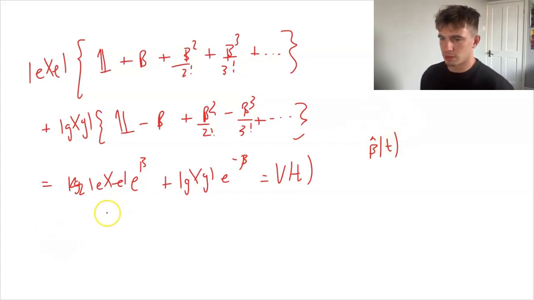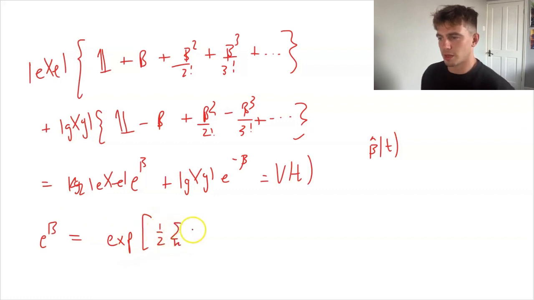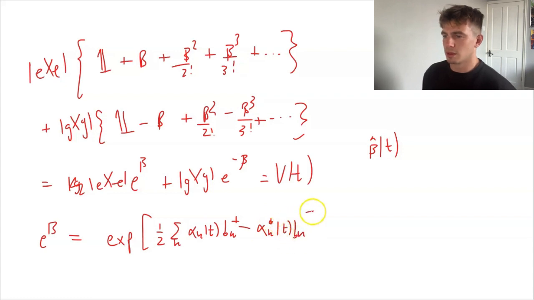But anyway, I'll zoom through this now, and e to the b, if I remember what b is, is going to be exponential of a half sum over k of alpha k of t b k dagger minus alpha k star of t b k, and this thing here is just the displacement operator.